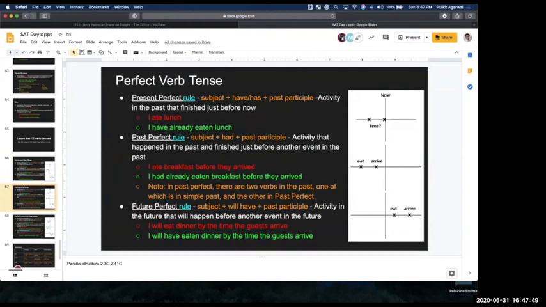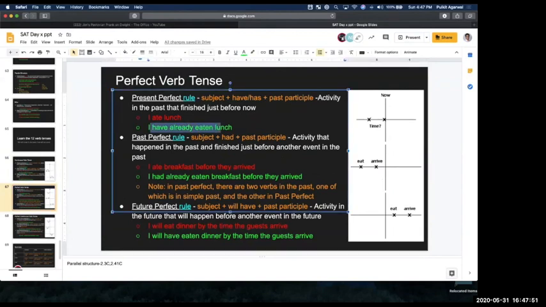Just notice how it stops just before now, just before another event in the past, or just before another event in the future. So I have already eaten lunch means I just finished lunch before this. I had already eaten breakfast means I just finished breakfast just before they arrived. And I will have eaten dinner just before the guests arrive.